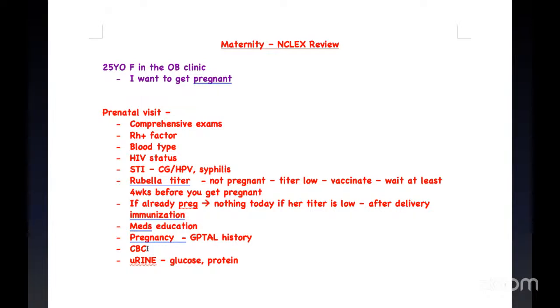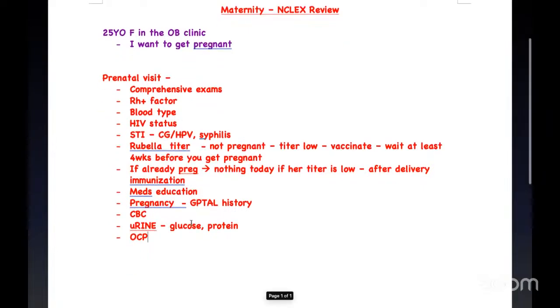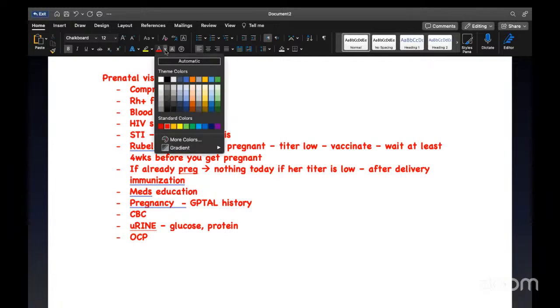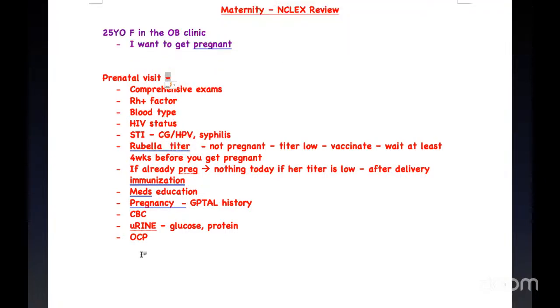Then you want to know if she's taking oral contraception. So all of this is a very comprehensive history. If you see a question, these are the things they may ask you. Yes, the H&H is the same as the CBC.